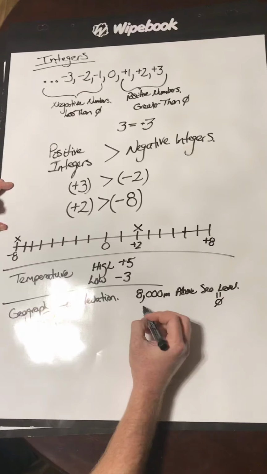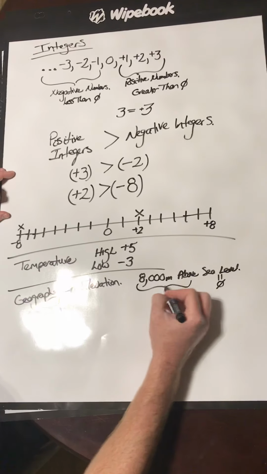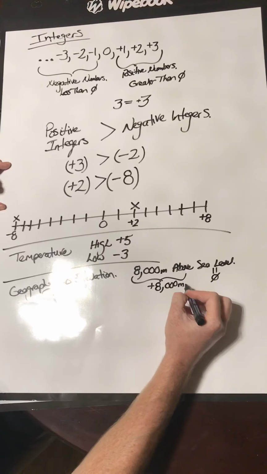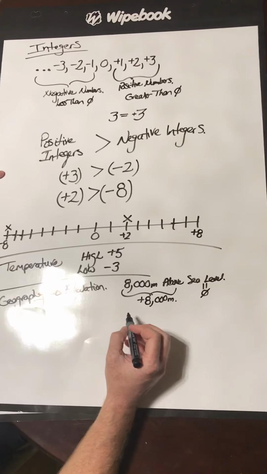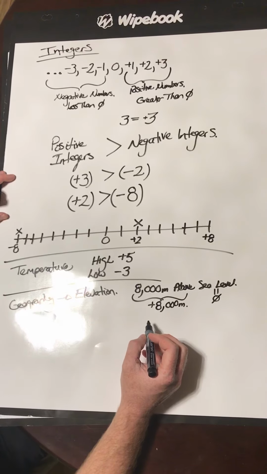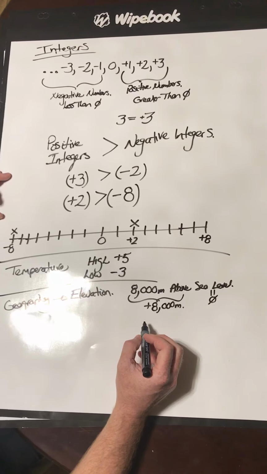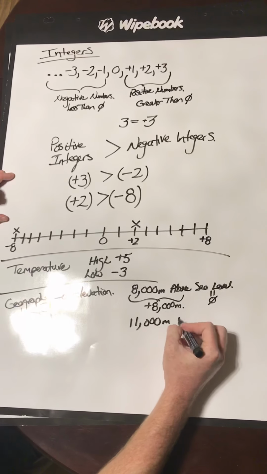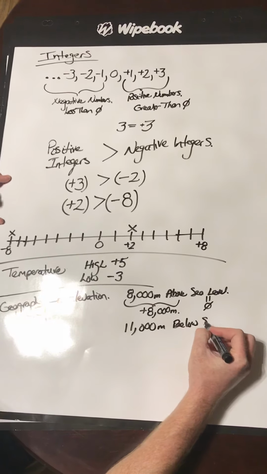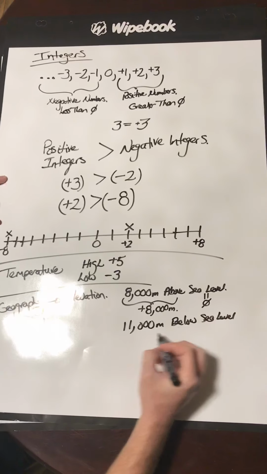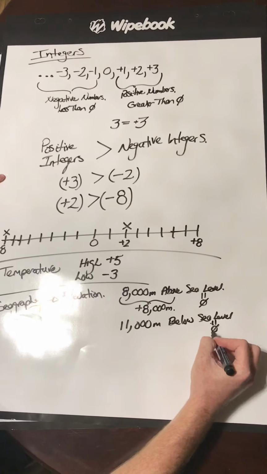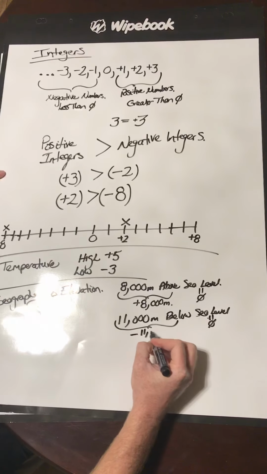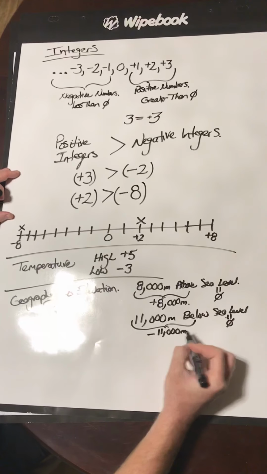So if it's 8,000 meters above, that would be positive 8,000. Versus the Mariana Trench, which is 11,000 meters below sea level. Again, sea level being 0, because it's below, it would be negative 11,000 meters.